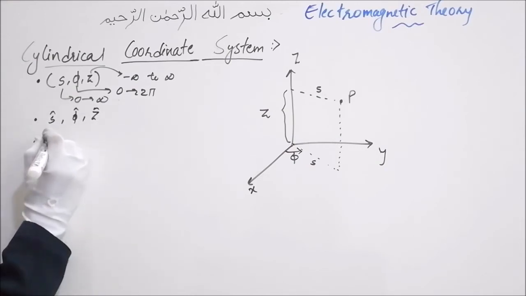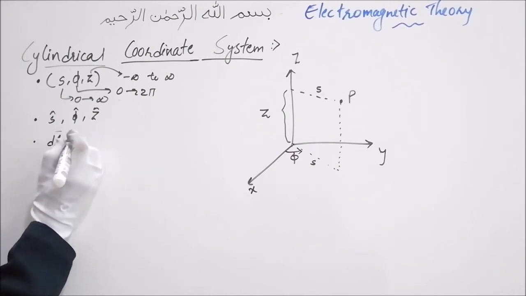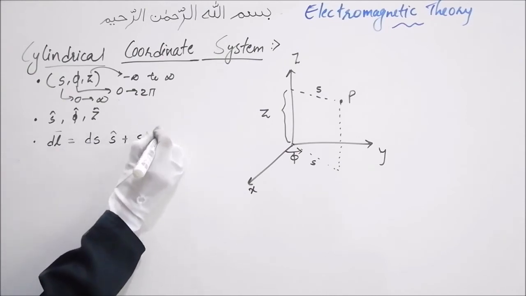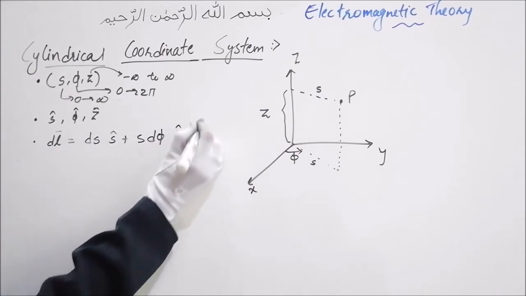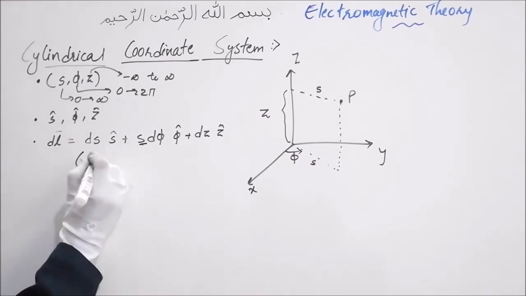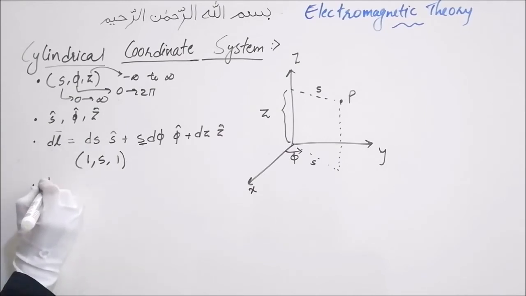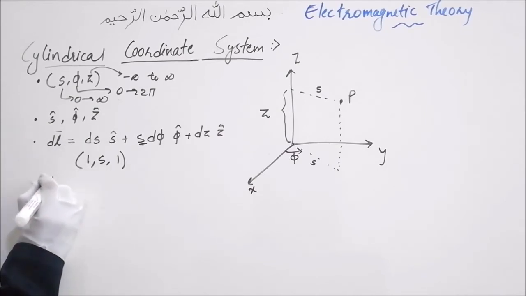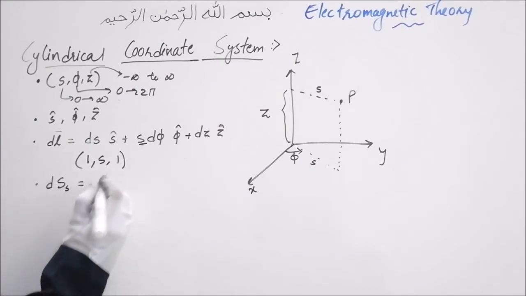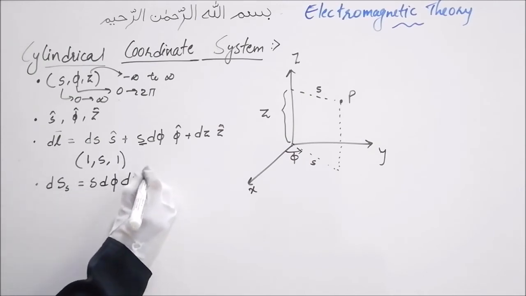The general length element can be written as dl bar equal to ds s hat plus s d phi phi hat plus dz z hat. So here the scale factors will be 1, s and 1. This is a vector quantity. For the surface elements ds, if s is fixed, we will have s d phi dz s hat.